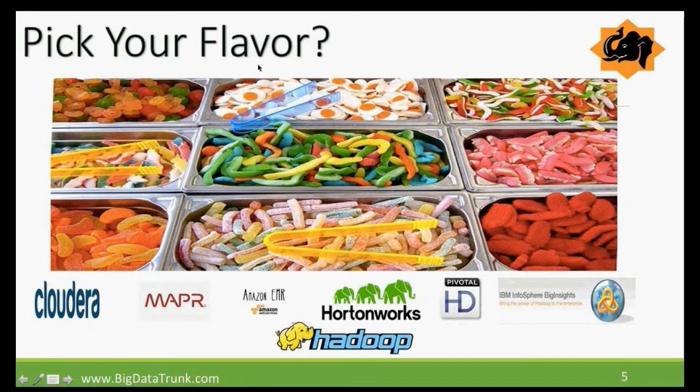You can go to a company and ask which flavor of Hadoop you're using, and they might answer one of these names to you. Or they are called distributors. The reason they're called distributors is because they're distributing the software. They're not creating the software. The software is already provided by Apache. What they are doing is distributing it to you and maybe adding some kind of flavor or a change or version.